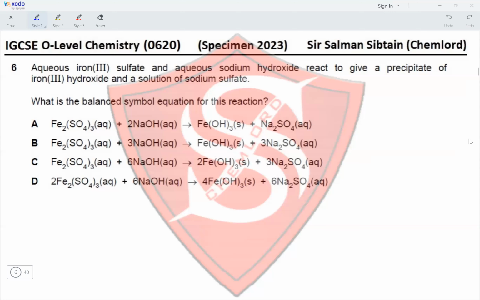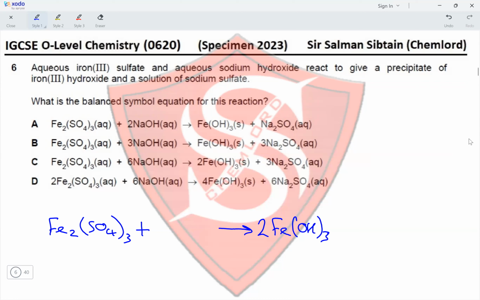reactants and products, but in different molar ratios. So we will have to check for the molar ratios. Since Fe2(SO4)3 reacts with NaOH, one iron ion would react with three hydroxide ions. So we have two iron ions present. So we would have 2 moles of Fe(OH)3 being formed.